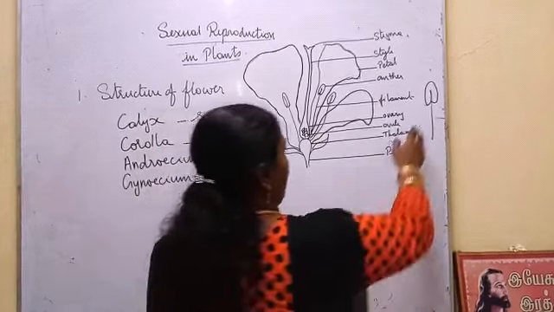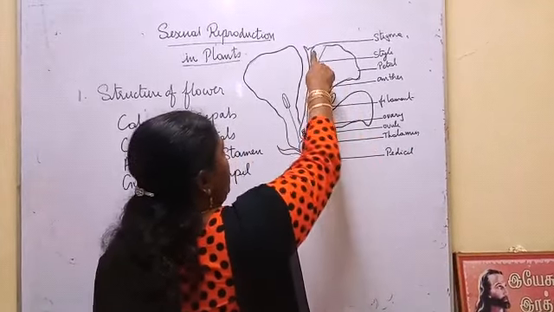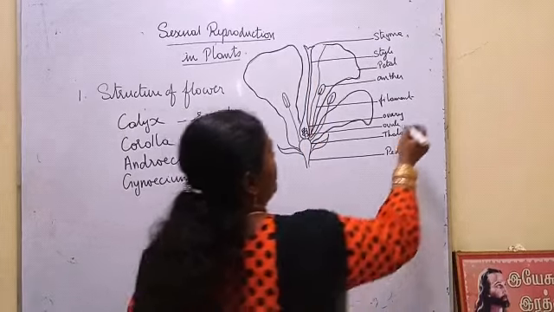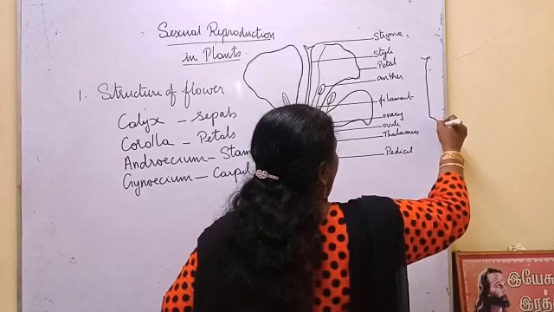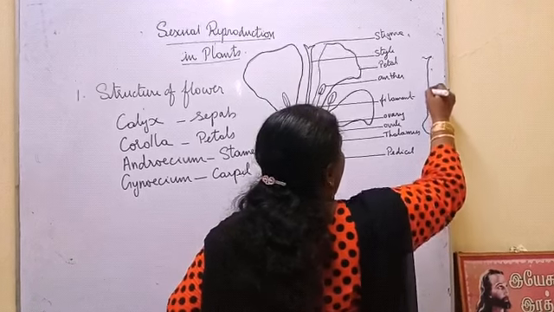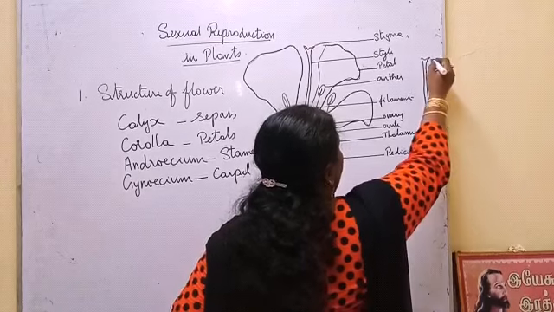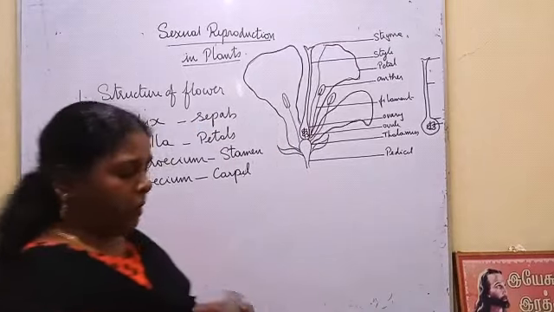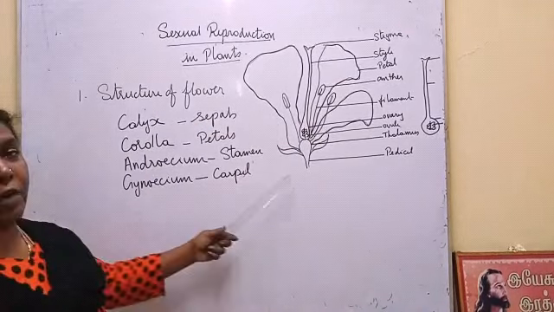Each carpel has stigma, style, ovary, and ovule. Okay, so these are the 4 whorls seen in the flower.